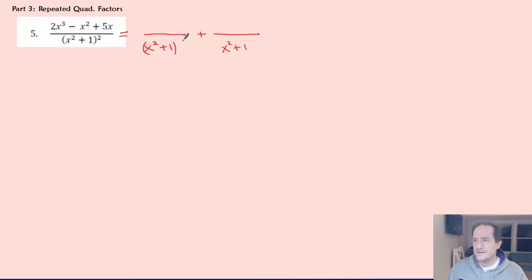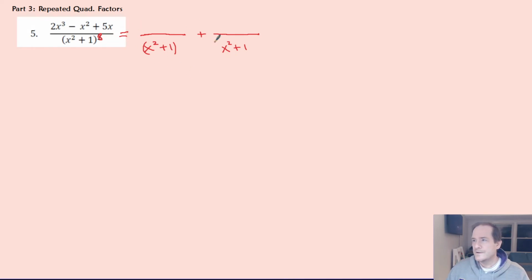And what you need is every single power from the given power all the way down to 1. So with 2 you just need 1 and 2. But if this thing was to the power of 8, then you'd need this thing to the 1, to the 2, to the 3, to the 4, to the 5, to the 6, to the 7, to the 8. You would need literally 8 fractions where each denominator has this base to every single possible power from 8 all the way down to 1.